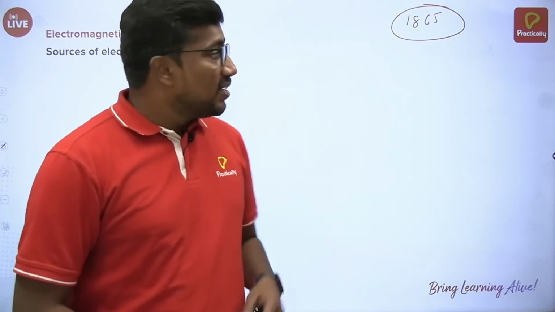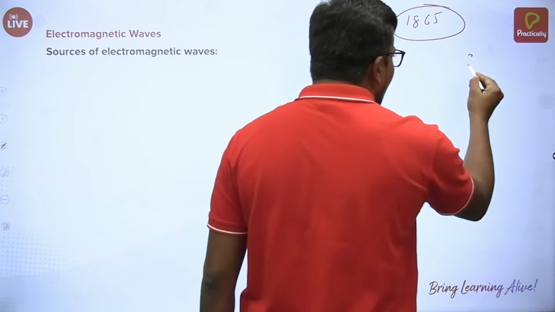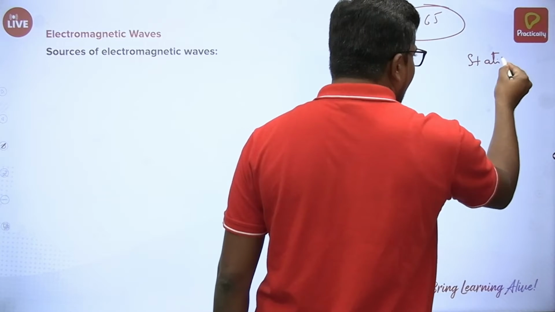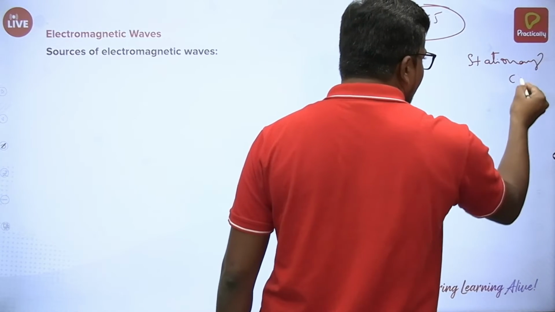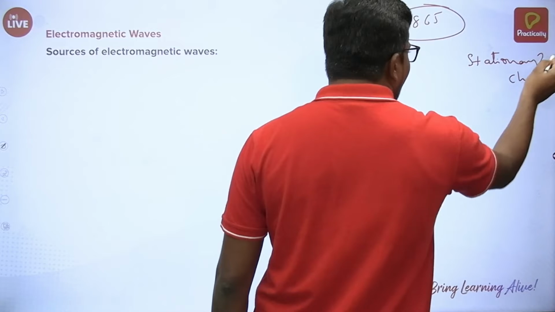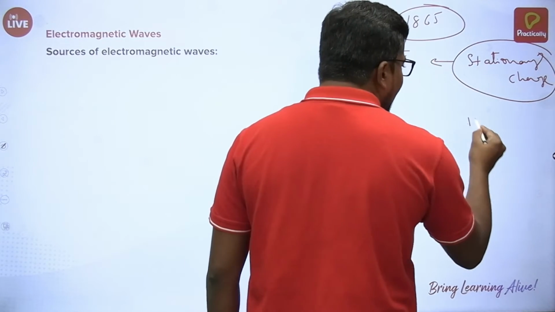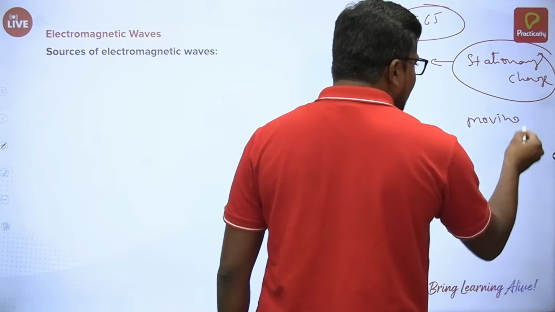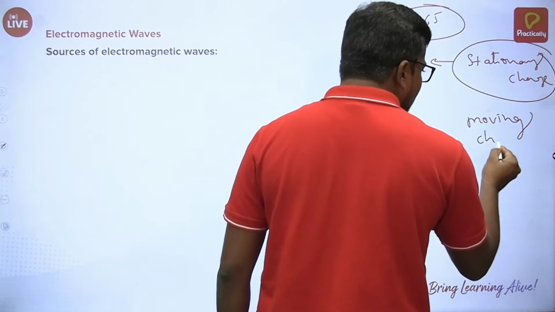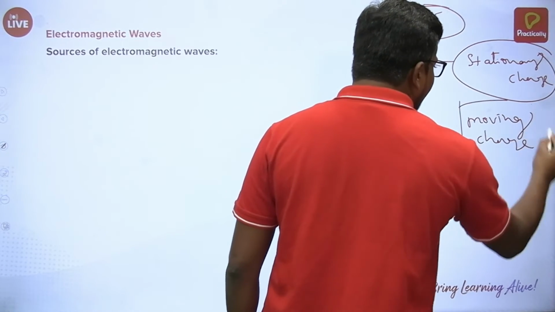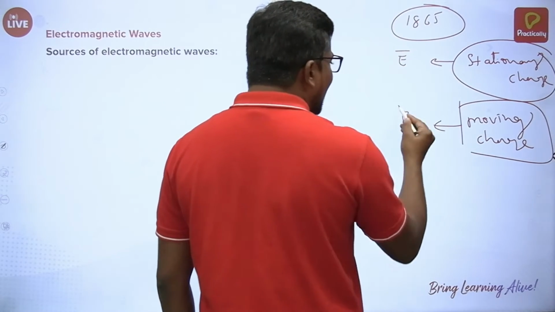Source of electromagnetic waves. If you take a stationary charge, that can produce only electric fields. If you take a moving charge, a uniformly moving charge, that can produce a magnetic field.